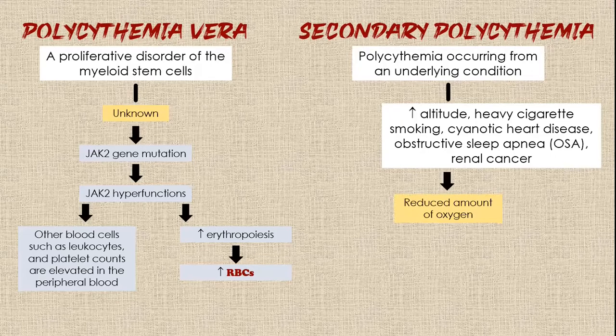The reduced amount of oxygen acts as a hypoxic stimulant that causes increased erythropoietin production. And when there is increase in erythropoietin production, there is increase in erythropoiesis, hence increase in red blood cells.